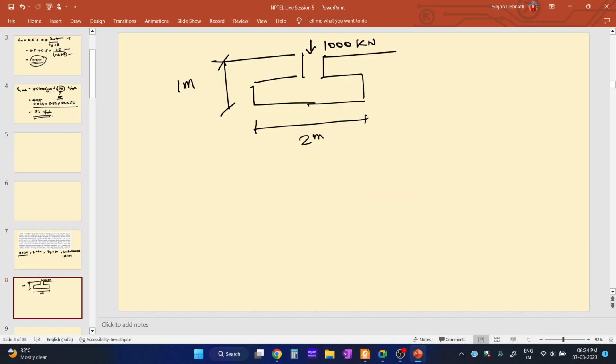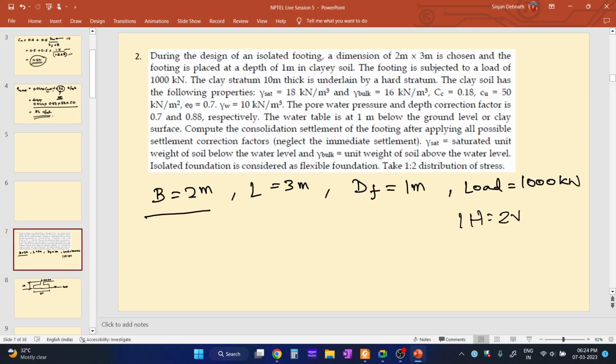So that means the water table is at the base of the footing, the ground water table. Fine. The water table is 1 meter below the ground level or clay surface. Compute the consolidation settlement of the footing after applying all possible settlement corrections, and the distribution of stress is 1 is to 2.